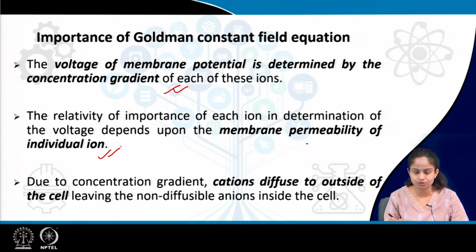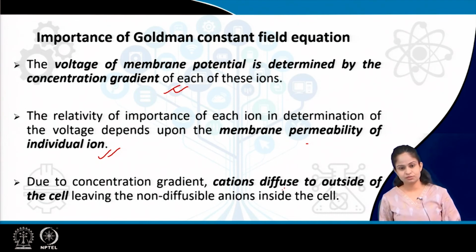As I had already told you, potassium ions have more permeability because of the effective radius size of the hydrated ion, and due to the concentration gradient, the cations diffuse to the outside of the cell, leaving the non-diffusible ions inside the cell.